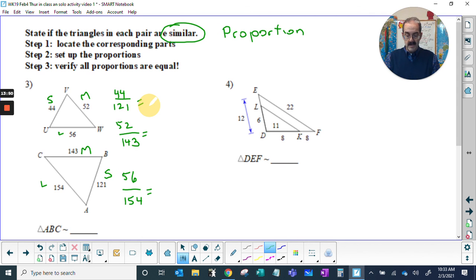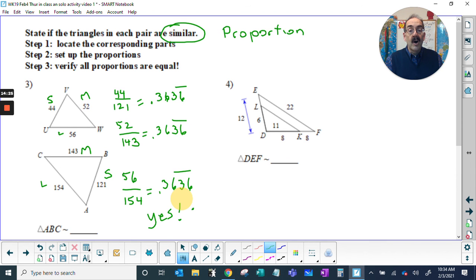All right, so 44/121, 0.363636, 52 divided by 143, 0.3636 repeating. 56 divided by 154, 0.3636 repeating. Yes, they are similar.